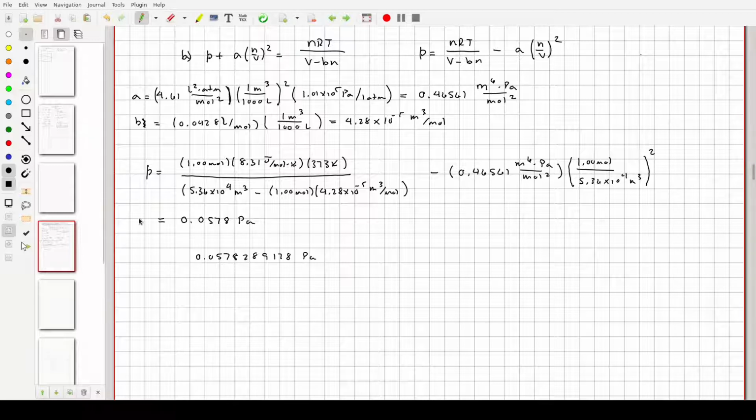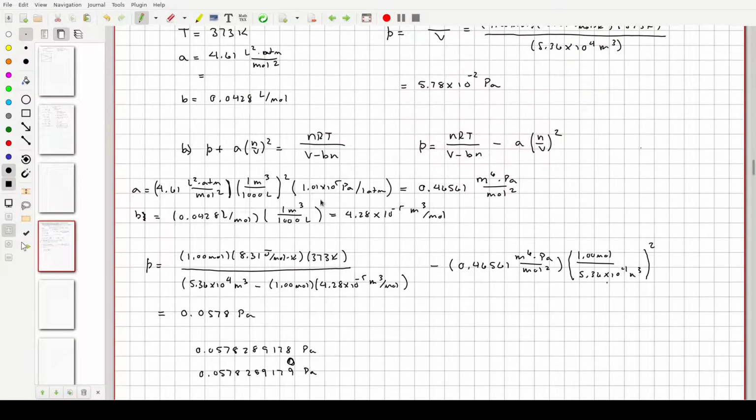But if I were to go back and take a look at the previous calculation, this is from the other one, 0.0578289,179 pascals. So there's something going on out here that's a consequence of this small collisional effect, and also the decrease in volume.